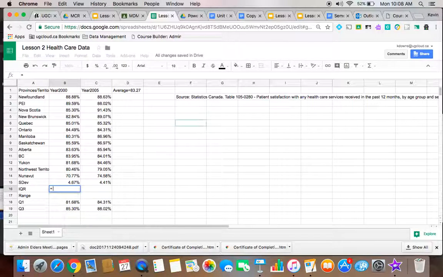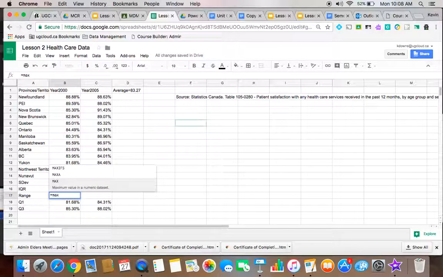The IQR is the quartile 3 subtract quartile 1. So we can just subtract the numbers. So equals this minus this. So that's IQR. And the range. Standard deviation is the hardest to understand, but the range is actually the easiest to calculate.